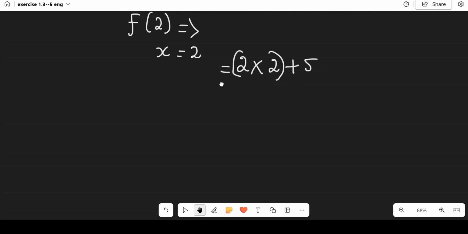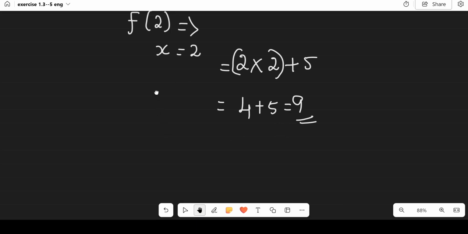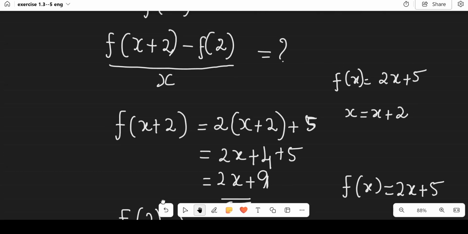So the answer would be 2 into 2, 4, plus 5 is 9, right? So the answer of f of 2 is 9. So we have found f of x plus 2 and f of 2.